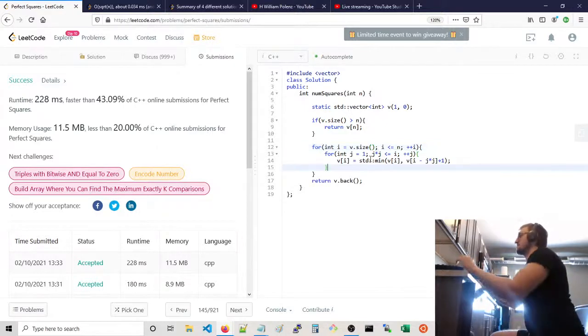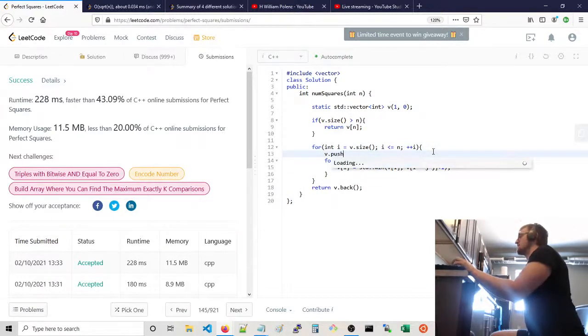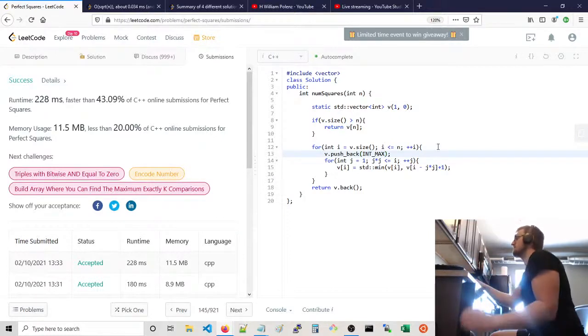And we're actually going to push back on v a value, which probably we're going to start with int max. Yeah, do it that way. And now you can say j equals 1, j less than i, v of i equals the minimum of these things. And then return the back.